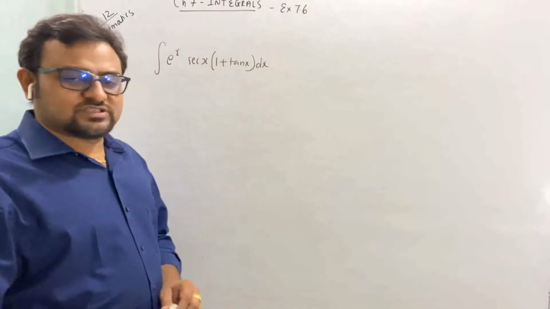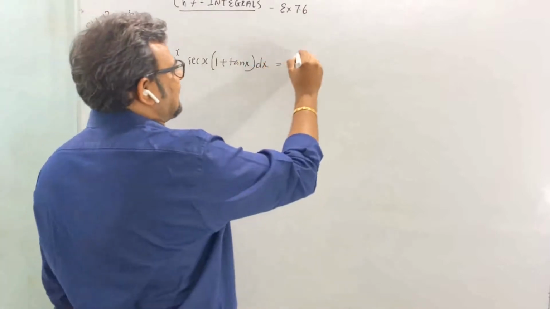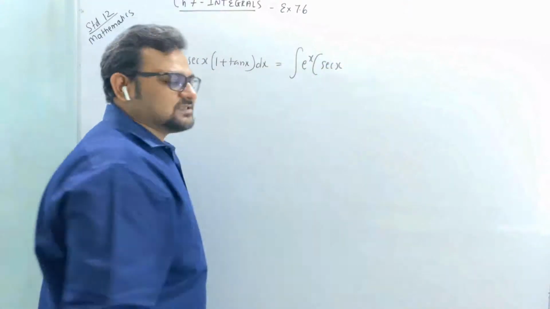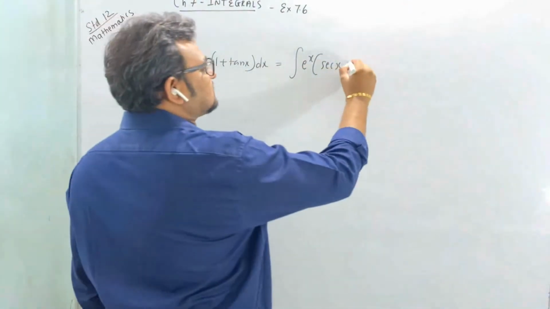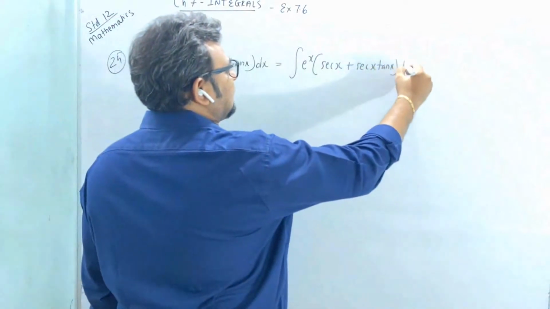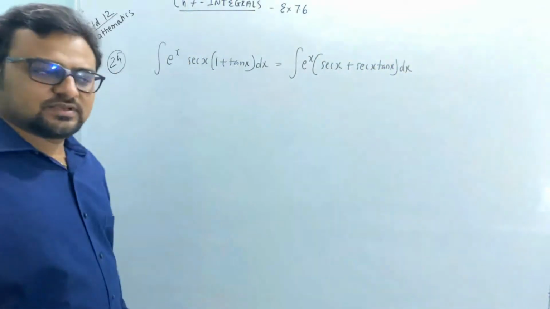Okay, so it's simple. I will just multiply it. Sec x into 1 is sec x, plus sec x tan x dx, right?